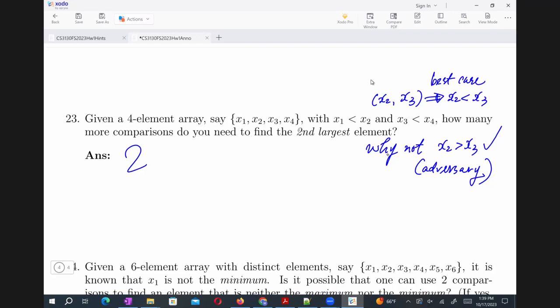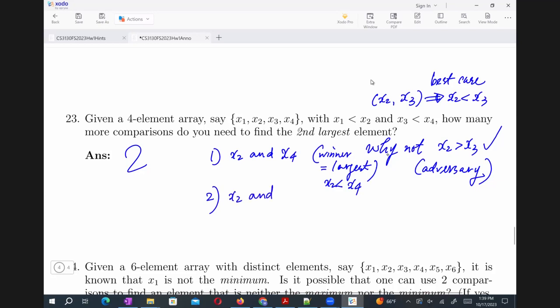Okay? So to do comparison, the first comparison should be X2 and X4. Okay? There is a winner, the largest. Let's assume X2 less than X4. So the second comparison, X2 and X3.